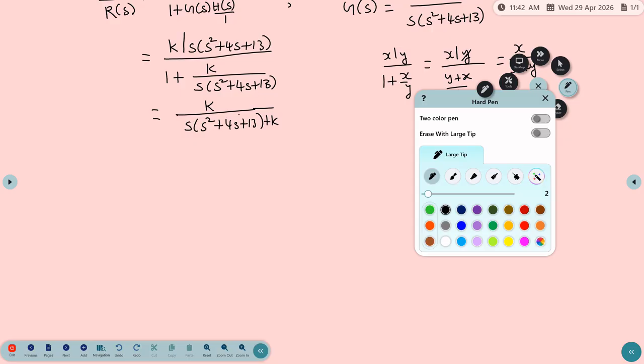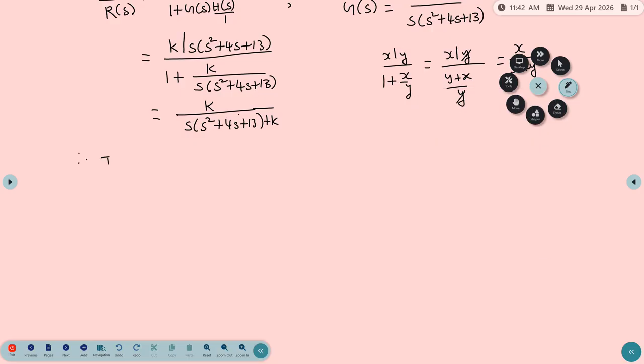So here the denominator is, therefore the characteristic equation is S into S square plus 4S plus 13 plus K, which is equal to 0.